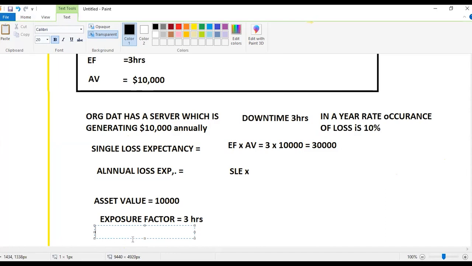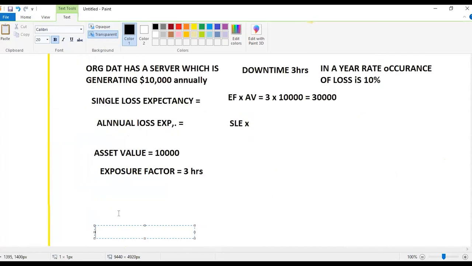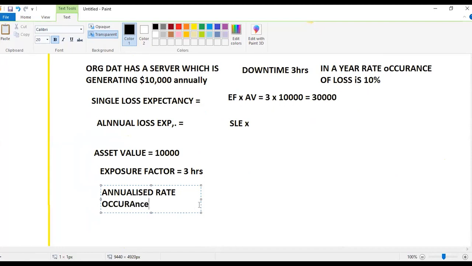ARO, annualized rate of occurrence. How many times is this affecting us? 10%. Note here, the ARO is always defined in percentage.